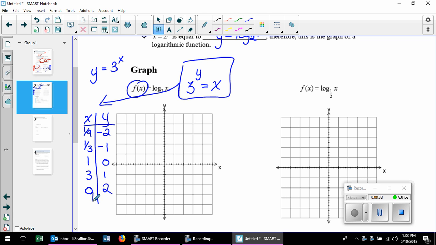So 3 to the exponent 2 is 9. So when you get a logarithm, pick y values. Does that make sense to everybody? Or do the table of values for this and then flip them.